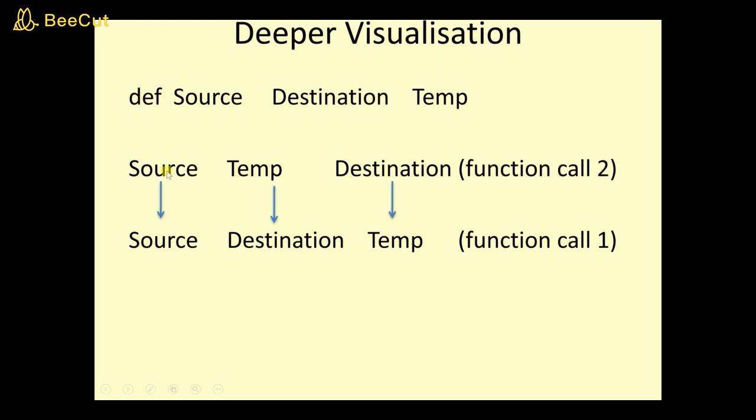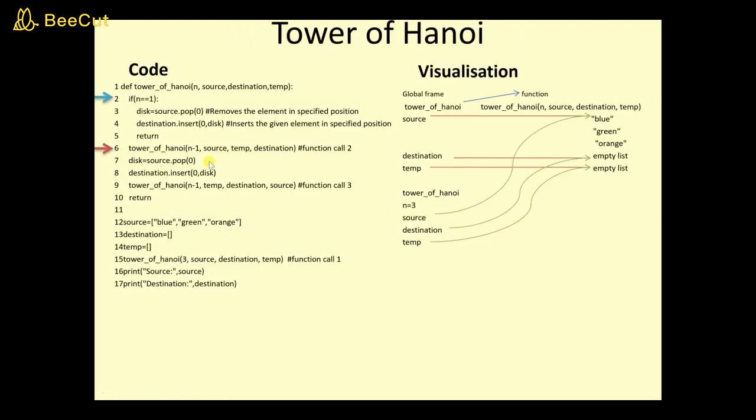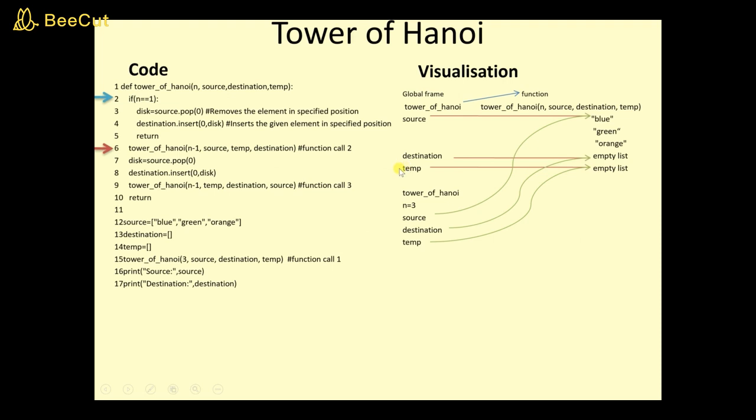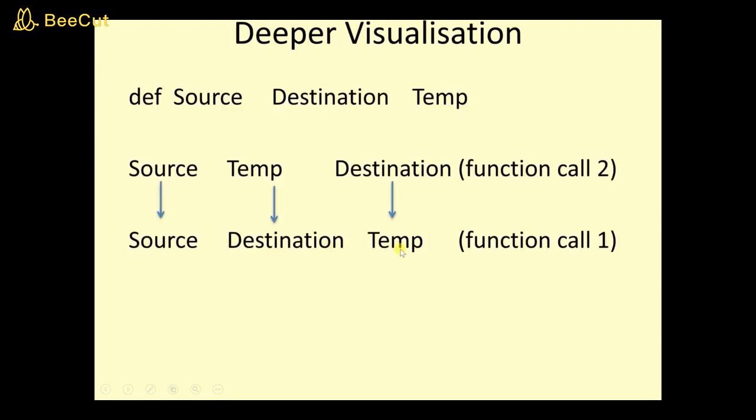I have taken the parameters in the same order as this code: source, temp, destination, and function call 1, source, destination, temp. And attach it to the previous function call, which in this case is function call 1. Arrange these function call 1 arguments, source, destination, temp, in the same order as defined over here, as it is already in the same order.